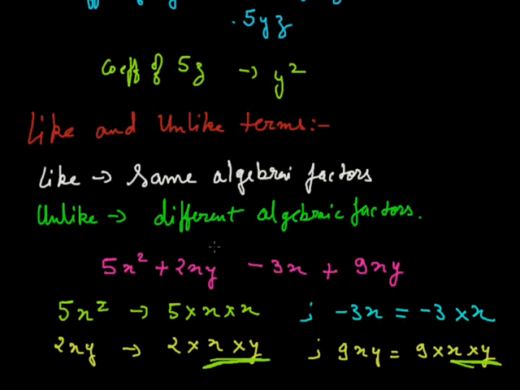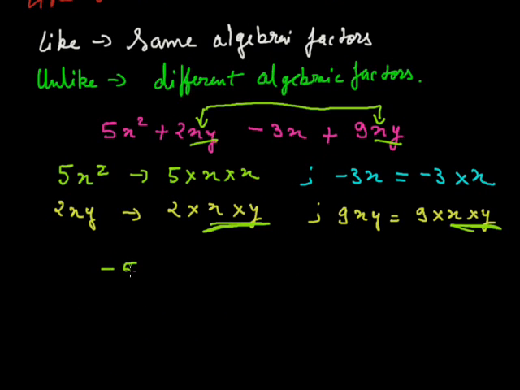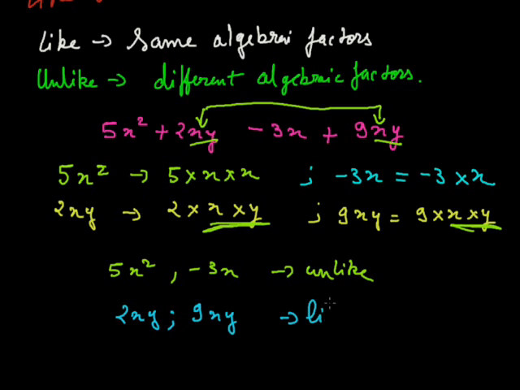So these two terms, 2xy and 9xy, are the like terms since they have the same algebraic part, or we can say the same algebraic factors. So 2xy and 9xy are the like terms, and 5x square and minus 3x are the unlike terms.